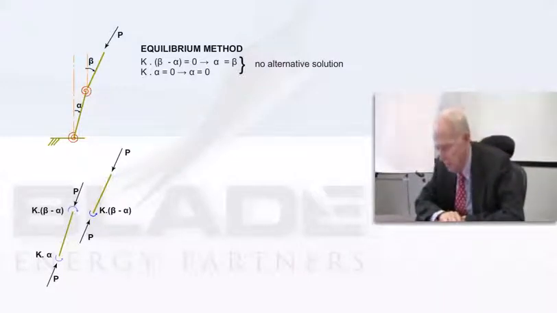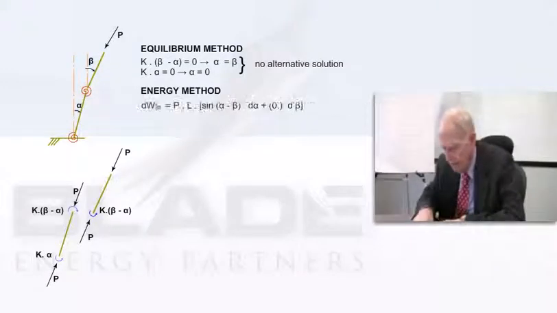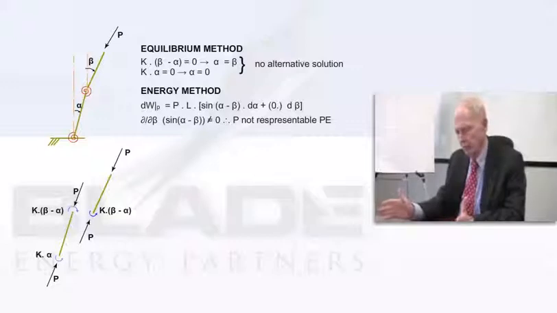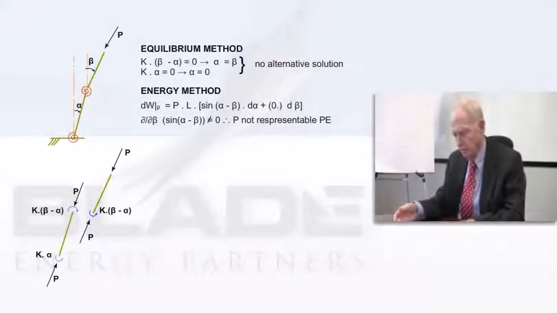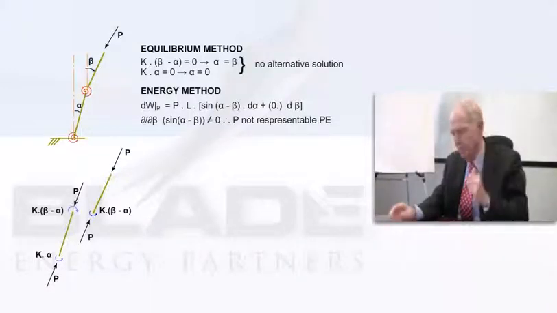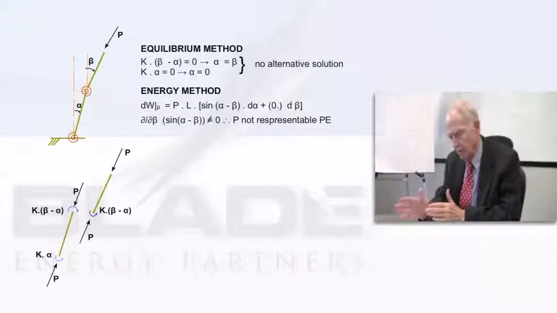And if you think about an energy method, I've got a little thing here. What I'm trying to show is that the work done by the load is not path independent. And it's easy to do that. You let alpha be something while beta is 0, calculate the work done by P, and then do it the other way. You let alpha be something and then beta be something, but then you switch it so that you have a different scheme.